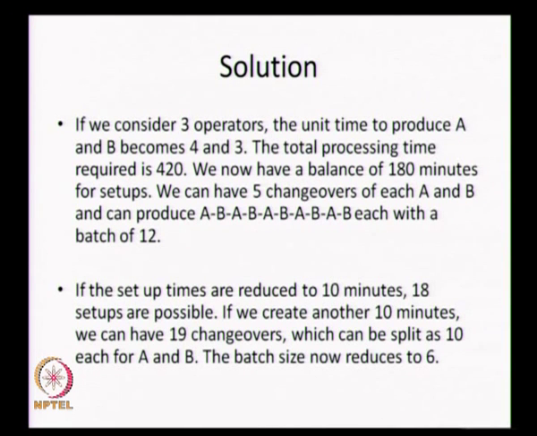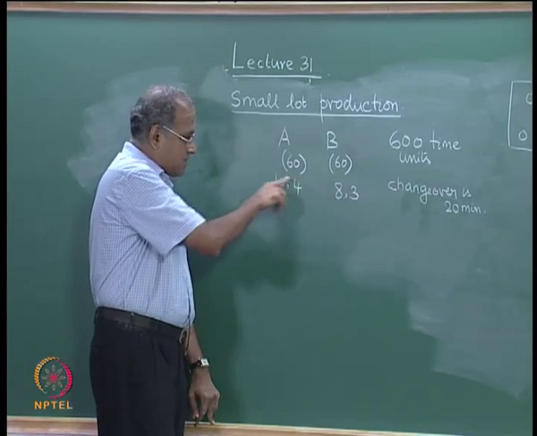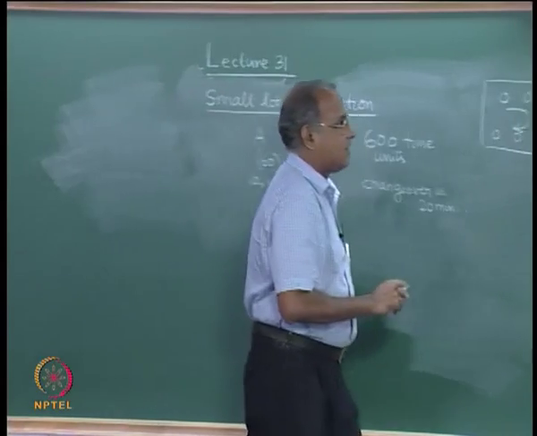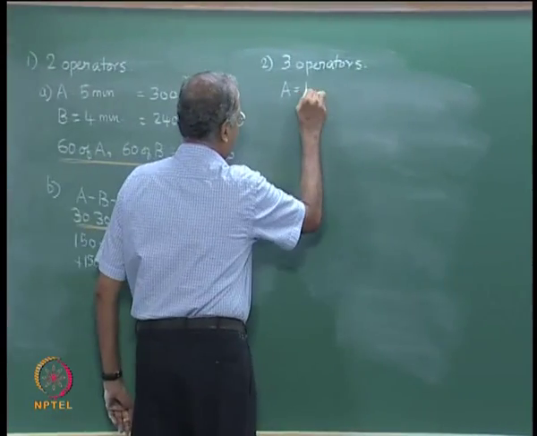Now, if we consider 3 operators, time taken to produce A will be 10 by 3, which is 3.33, but the bottleneck is more than that. So, time taken to produce A will be 4 units.